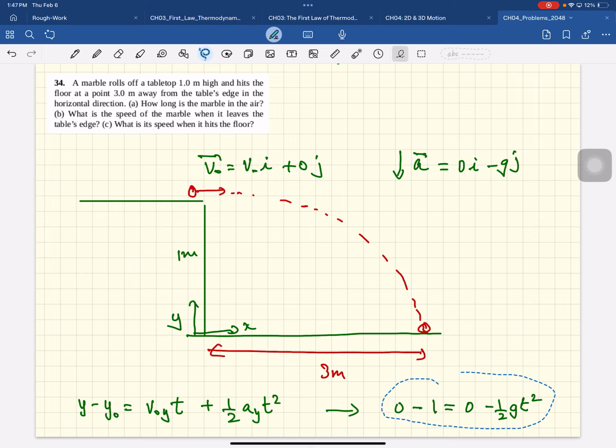So 1 equals 1/2 g t squared. t is the square root of 2 over g, and again, I'm not writing units, but everything will be in SI units.